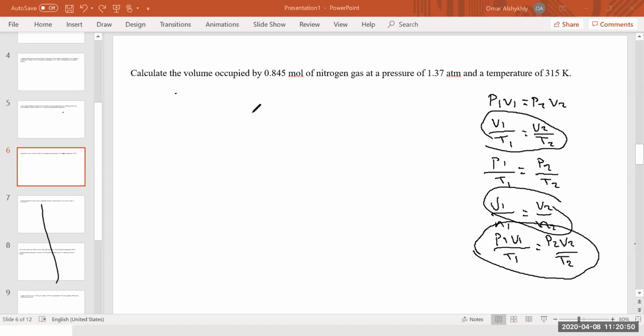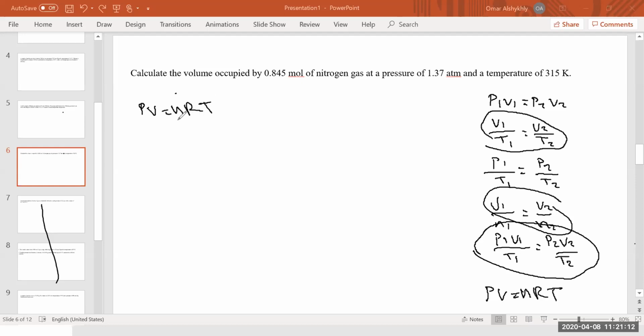Now, if you notice here, we don't have a change in this situation. We don't have initial and final situation. In this situation, we will use the gas law PV equals nRT.